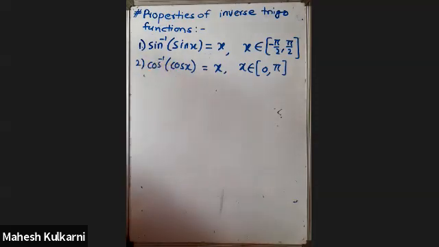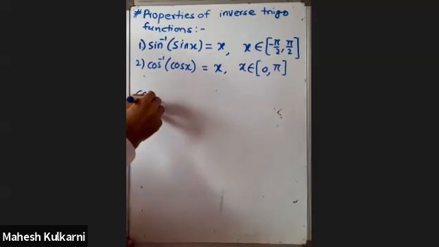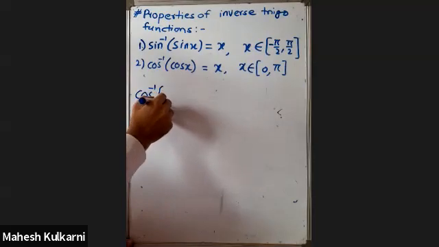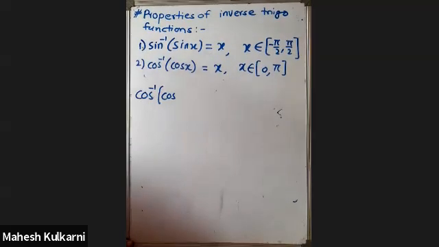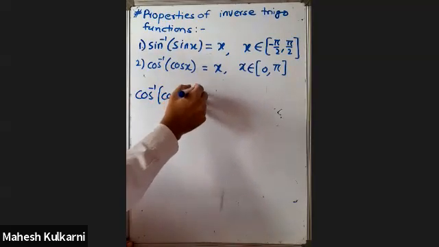Now for this cos inverse of cos x, let's take one example. Suppose you have to find the value of cos inverse of cos of 4 pi by 3.